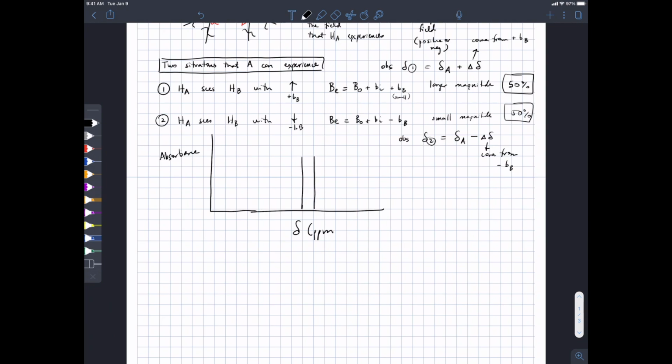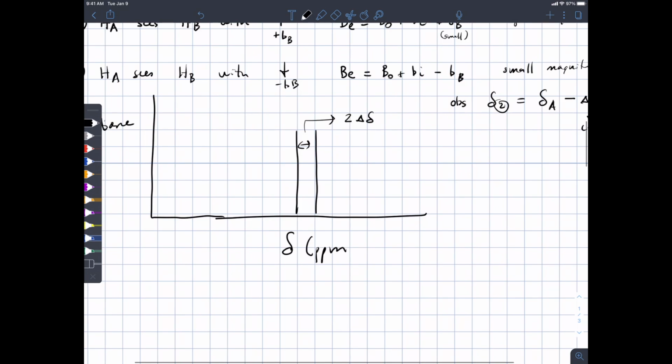in a 1-to-1 ratio, and they should be separated by a distance that's related, to be consistent with the way we've been writing things, to the influence of that field. Okay?